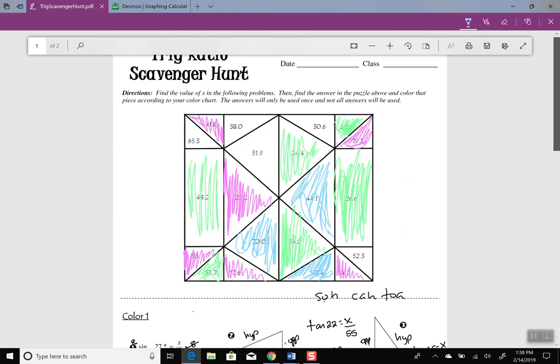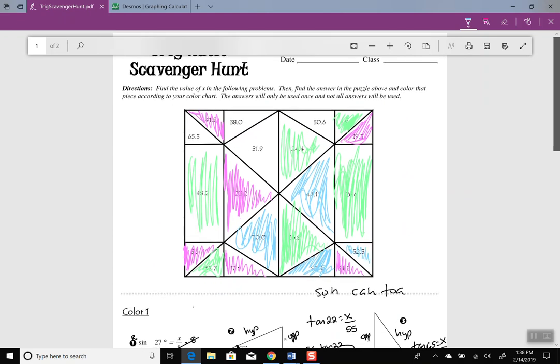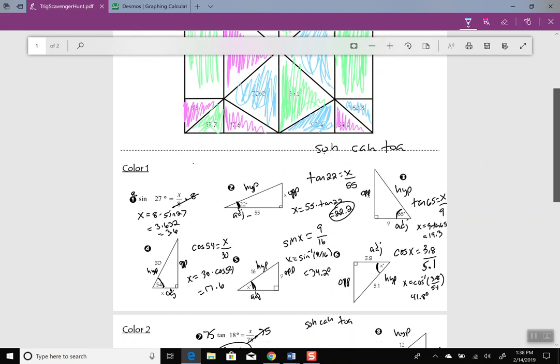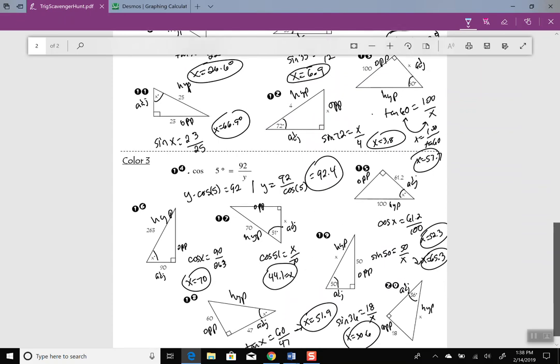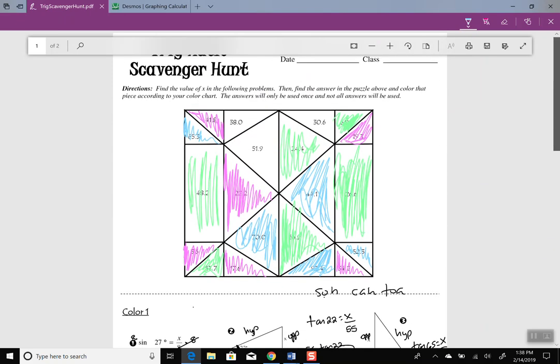Then 30.6 and 51.9. Leaving 38 as the only one not colored in. Alright, so that is the Trig Scavenger Hunt.